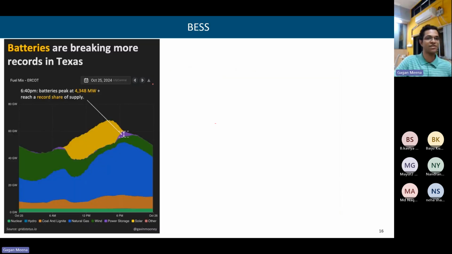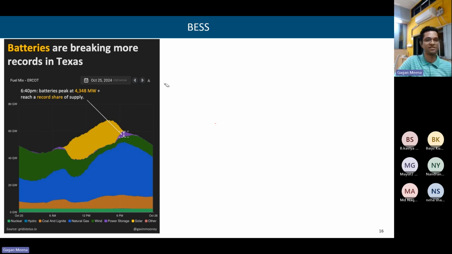Similarly, you can see this is for ERCOT, Texas. Here also you see the battery peak at 4.5 gigawatt of energy storage supply for providing the evening peak.